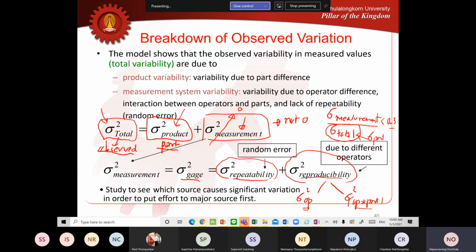Given any level of variation among the parts, if we can prove that the variation regarding the measurement is small compared to the variation of the parts, we will believe that the measurement system is precise enough to be able to use it to distinguish among the parts, to distinguish the variation of the parts. So that is the key concept of this thing.